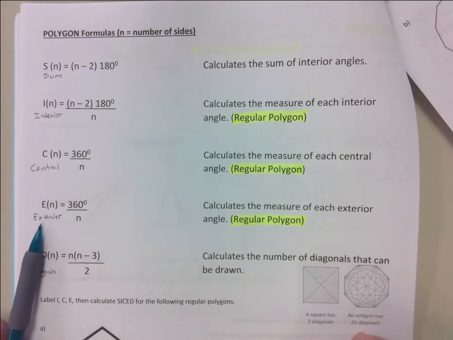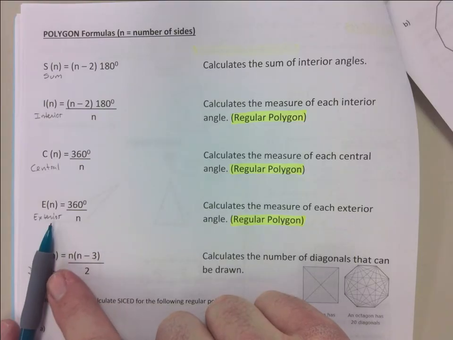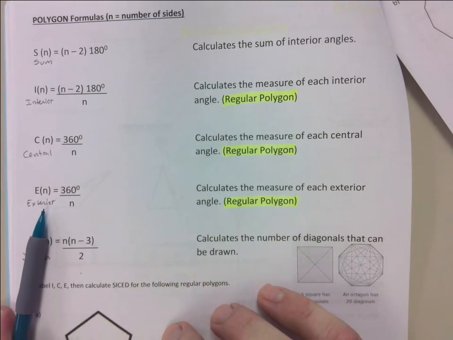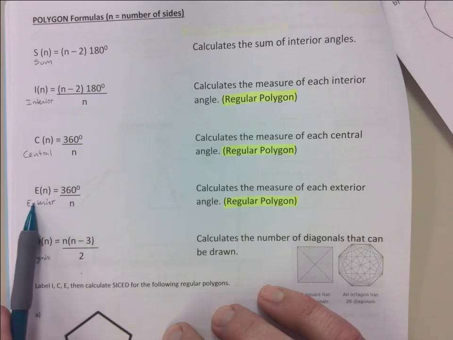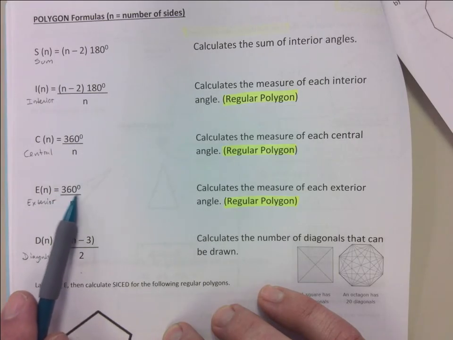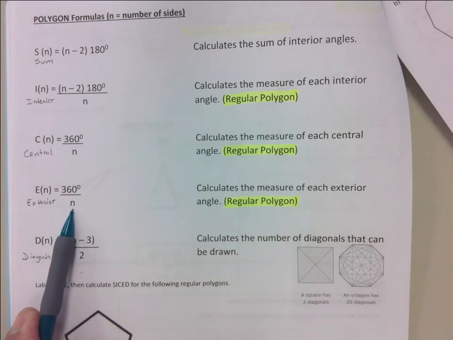Let's focus on the exterior angle here. My pencil is hovering on it. Why are we doing 360 divided by the number of sides to find an exterior angle? I just told you the sum of all exterior angles is the same every time, and we're just dividing it equally among the number of sides.